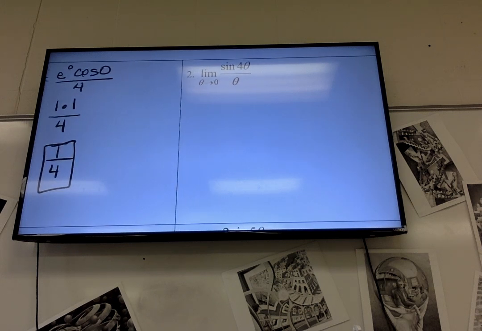Okay, so this makes it look like it would be 1, except the rule is limit as theta approaches 0 of sine of c theta over what? C theta. What am I missing? A 4 on the bottom. So if I just throw a 4 on the bottom, it'd be 1. But you can't do that.